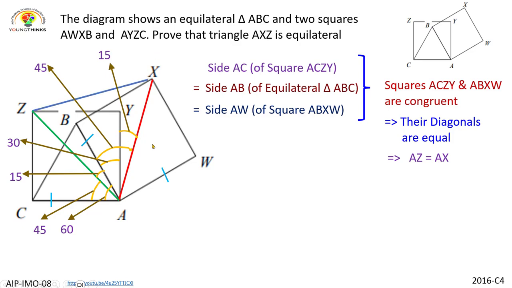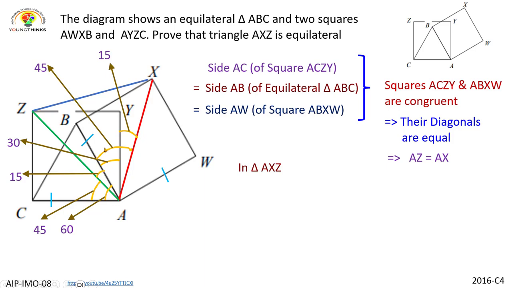And if I connect this line, Z and X, what kind of triangle are you going to get? This AZ and AX are equal. That makes it an isosceles triangle. And the value of that angle is also equal to 60. How? If you find the angle between Z, A and X, a good portion of it is 45 here.